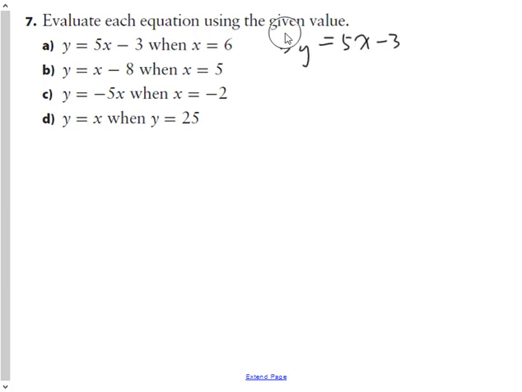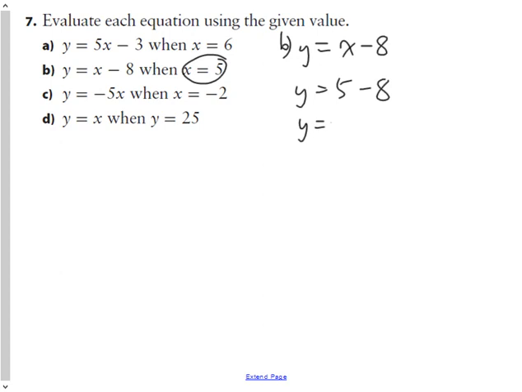In question B, if I change this to a B, it's a different equation too. So y in question B says y equals x minus 8. And this time x is 5, so I'm going to take my equation, substitute 5 where my x was, and 5 minus 8 is not 3. It is negative 3. So when x is 5, there's my ordered pair, the y value will be negative 3.